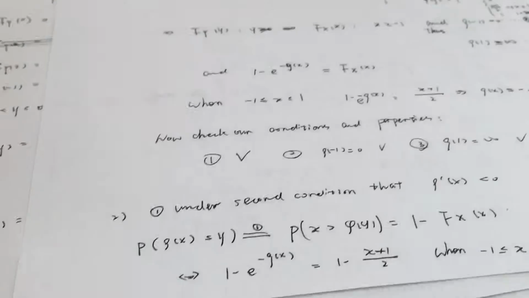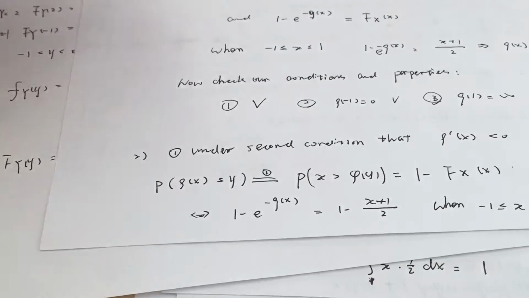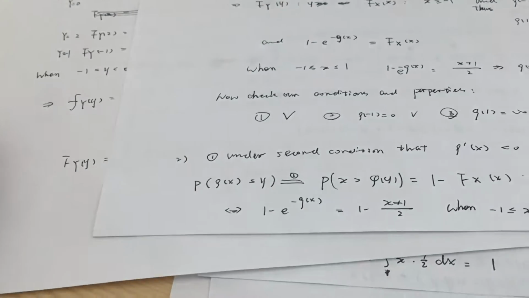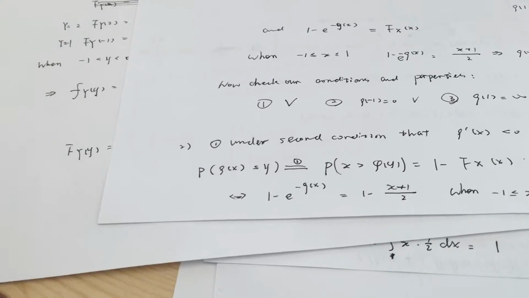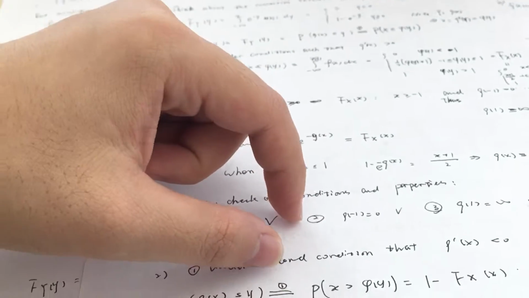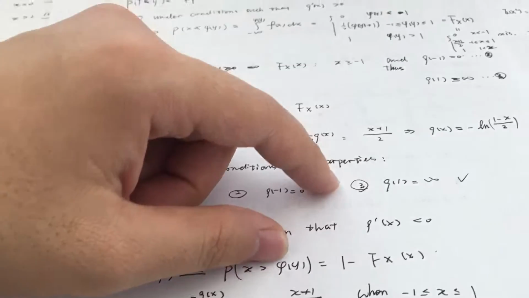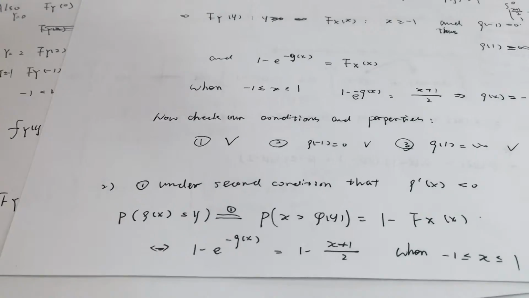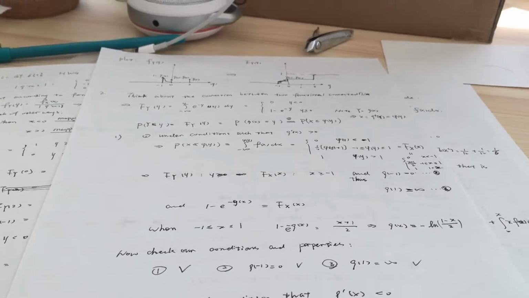Now check the conditions. The first condition, g(x) is always rising, is true: as x goes from lower to bigger, 1 minus x goes down, the ln goes down, and the minus makes it go up. So it keeps rising, g(-1) equals 0, and g(1) equals infinity, all true.